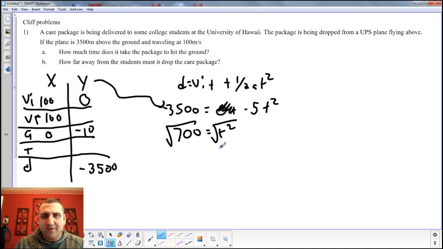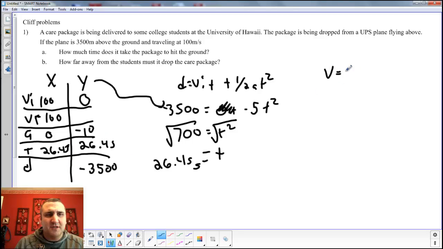26.45 seconds. So we can plug that in here, 26.45. And now we can use v equals d over t, because remember this one only works when the acceleration is 0. Hopefully you recognize that the acceleration is 0, so we can use this, which really just turns into distance equals velocity times time.